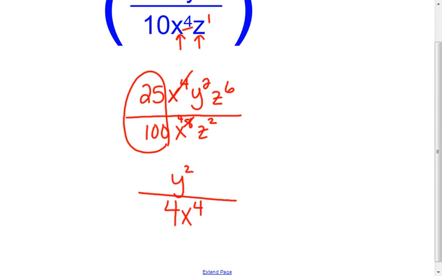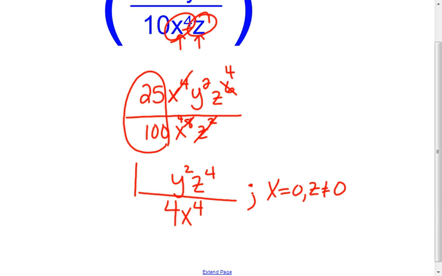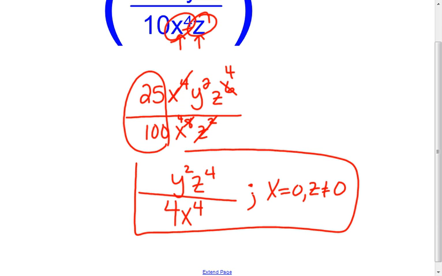And then z to the 6th over z squared, you have 2 of these, which will cancel with 2 of those and make that be z to the 4th on the top. So this is what it looks like simplified. However, again, be aware that because of this right here, x cannot be 0, and because of this right here, z can't be 0, or those would make your denominators be 0, and that is not legal.